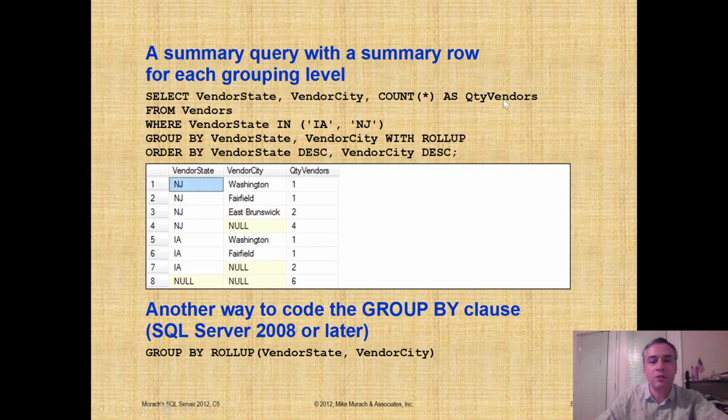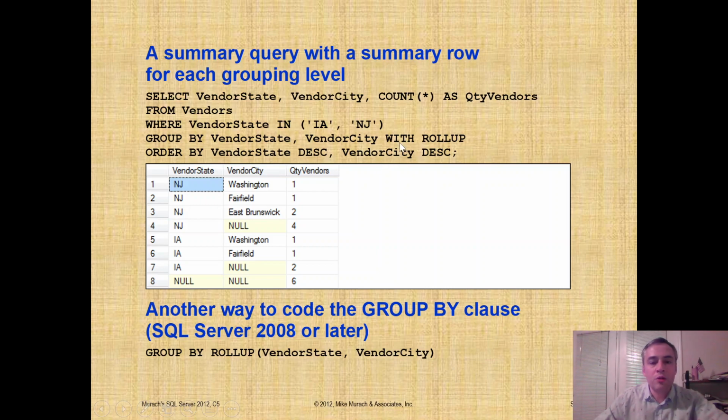So we are counting vendors for every state and city combination. Where vendor state is in these two states, so it takes only two values, New Jersey and I don't know what the other one means. Group by vendor state, vendor city with rollup, and order by the same two variables.